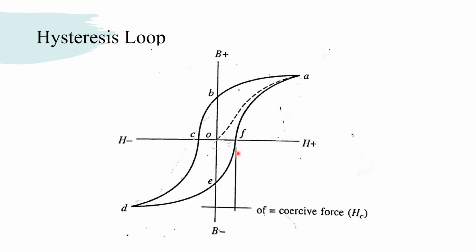So students, from here, when H, or H means magnetizing force, is applied, or H is increased, the magnetic field in the component increases. The stronger the magnetic field in the component, it moves in this way, following the dotted line to point A, the saturation point.